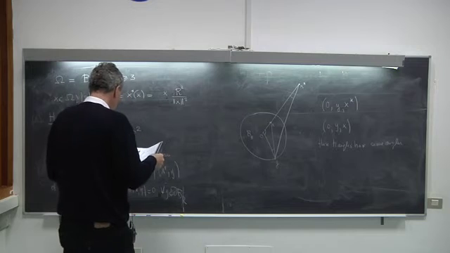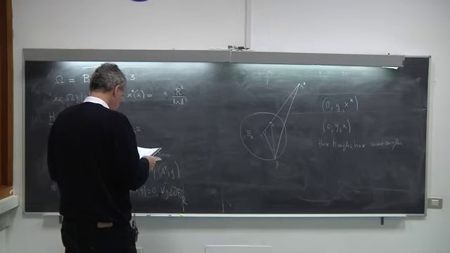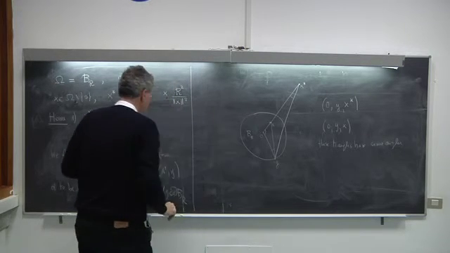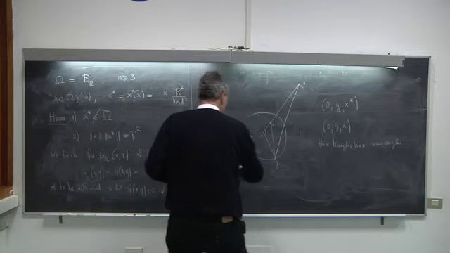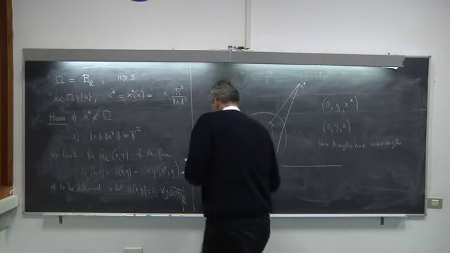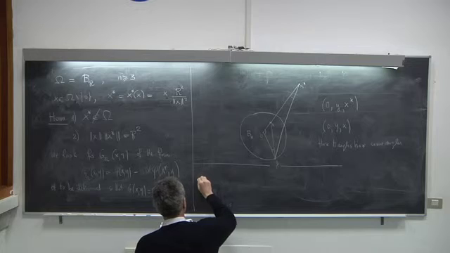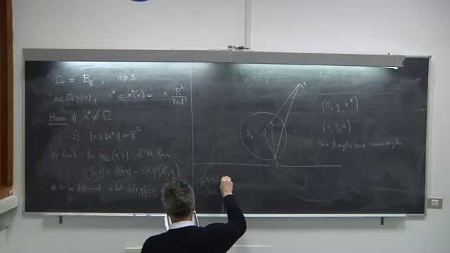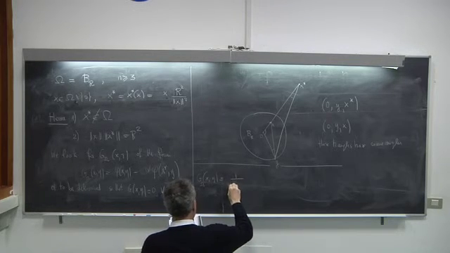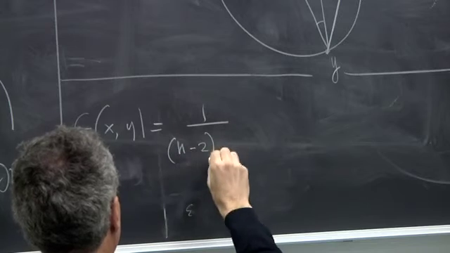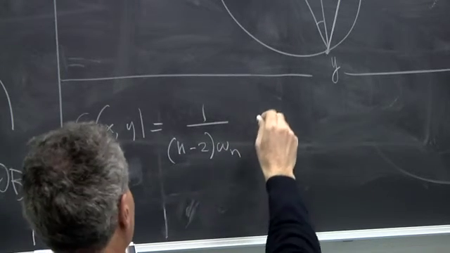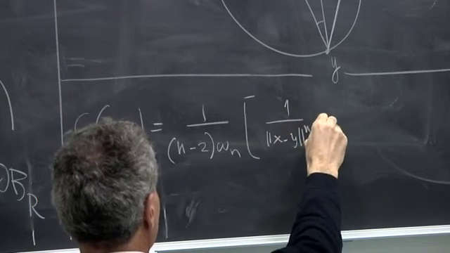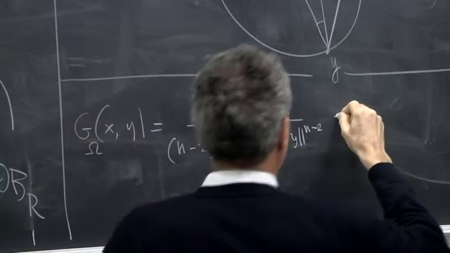Now maybe I can anticipate for you what is the Green function at the end for the sphere. Maybe you can try to do it by yourself. It's not easy. But the Green function for the disk, for the sphere, has the following expression: 1 over n minus 2, omega n, 1 divided by x minus y to the n minus 2, minus.